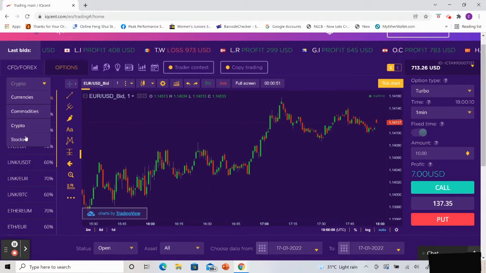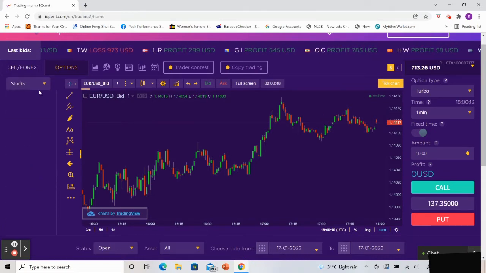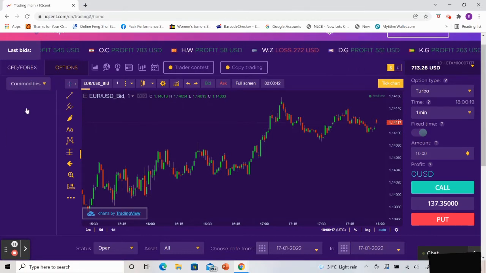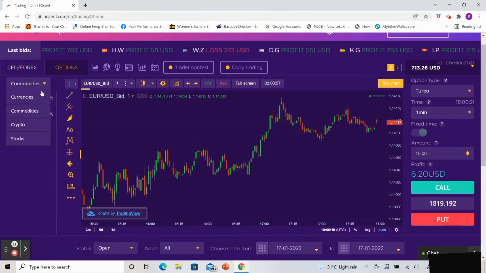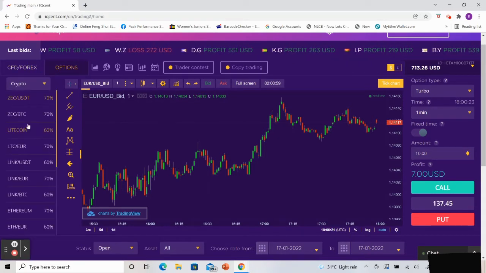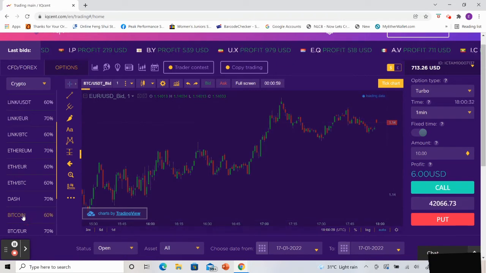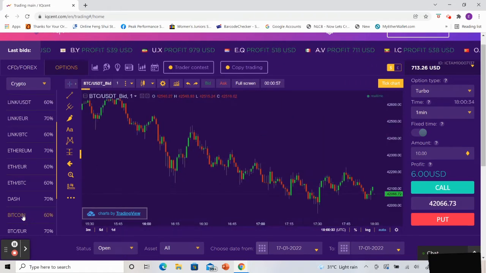Stocks as well. Whenever the stock market is open, you will have the option to trade stocks. So let's click on crypto and select one of the options. Of course, the famous one is Bitcoin, so I'm going to click on Bitcoin USDT.